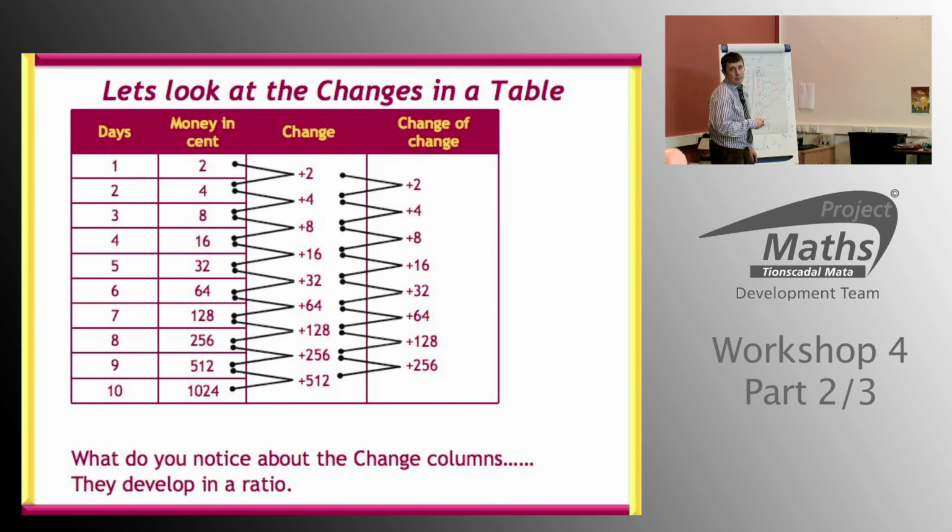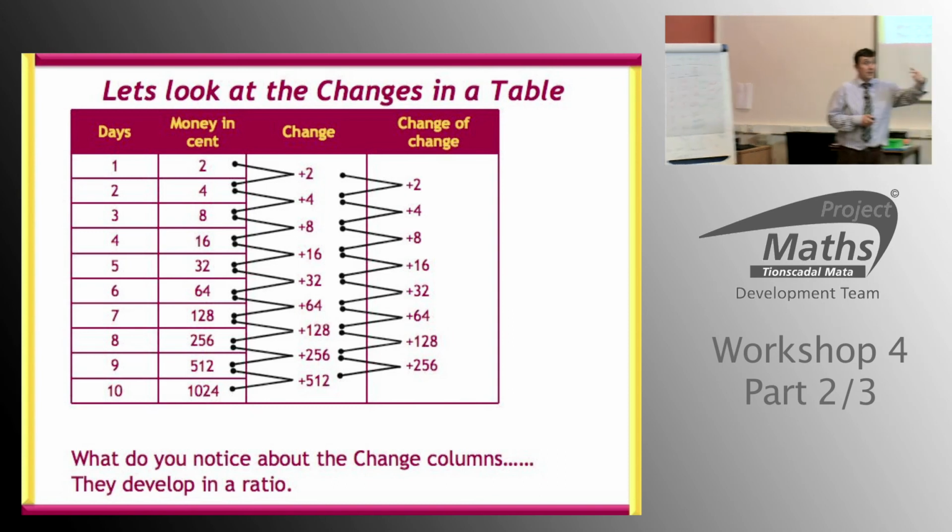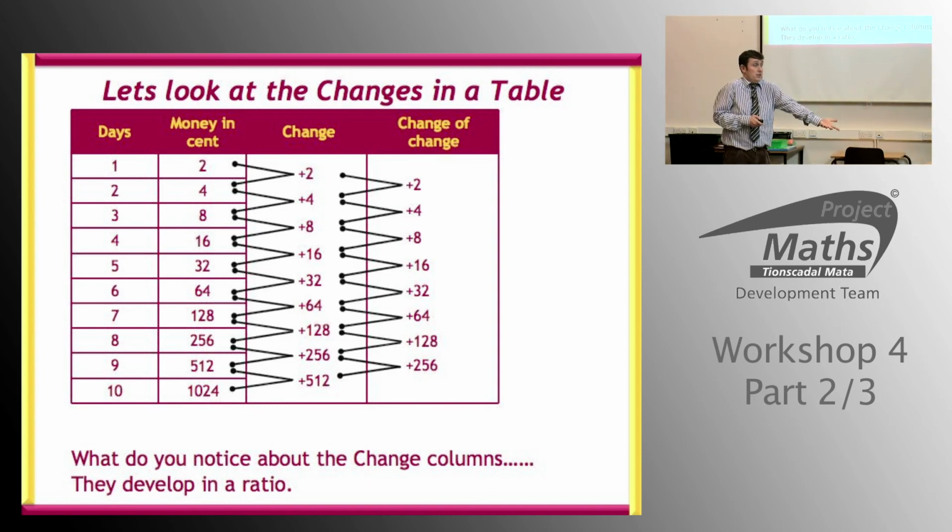It's definitely not linear. 2 to 4, that's 2. 4 to 8, that's 4. What's it definitely not? Linear, quadratic. What comes next? Cubic. It's certainly not even cubic.